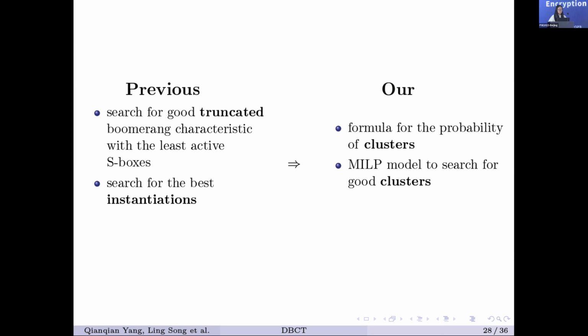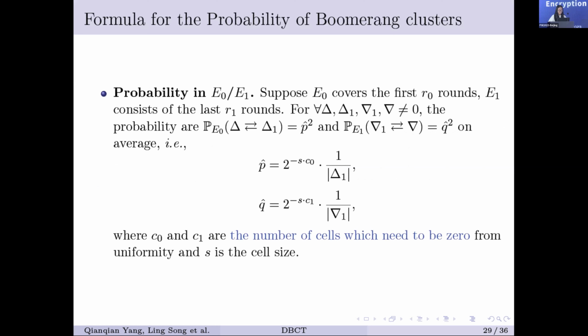And step two is to search for the best instantiations. In our work, we give a formula for the probability of clusters firstly, and then give a new MILP model to search for good clusters directly.